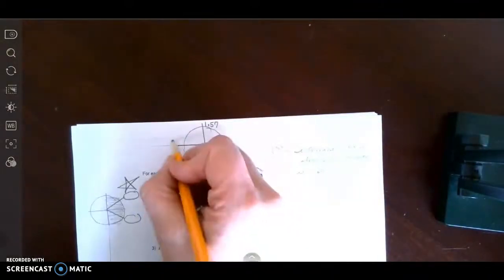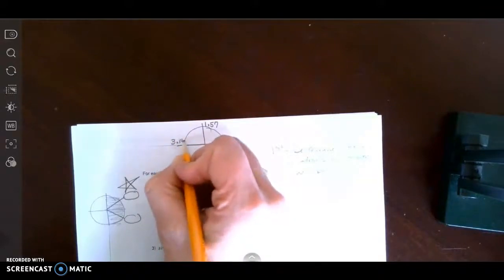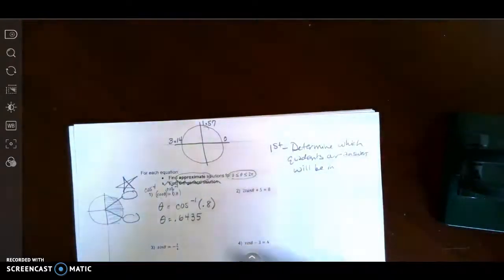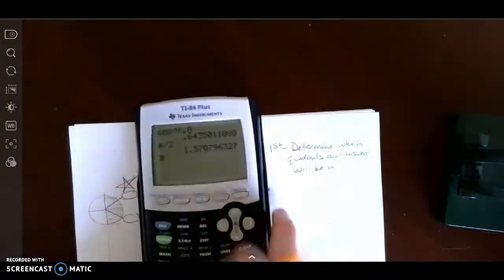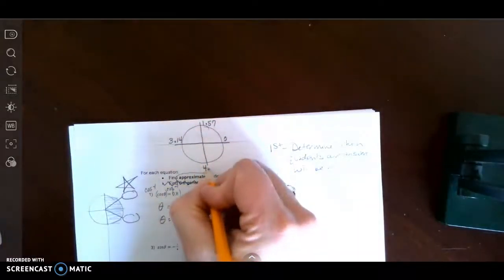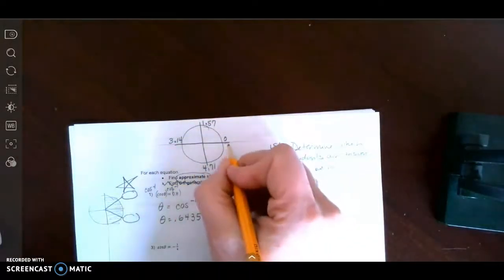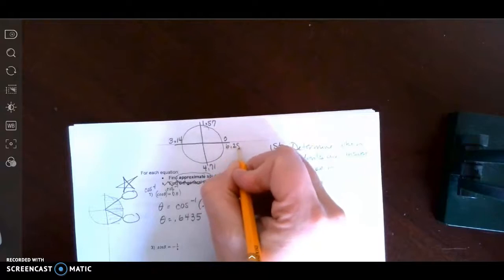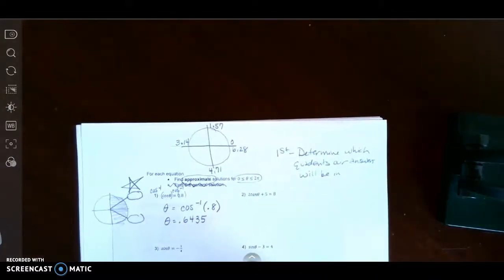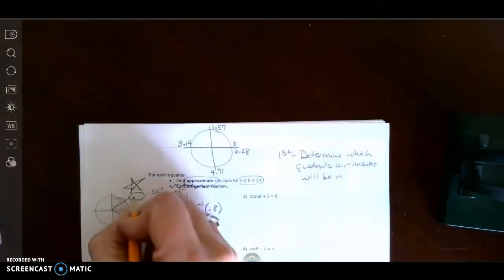This is pi, which is approximately 3.14. This is 3 halves pi, so 1.5 times pi, 4.71. And 2 pi is approximately 6.28. So because of that, I know that the 0.6435 must be right here in this quadrant.